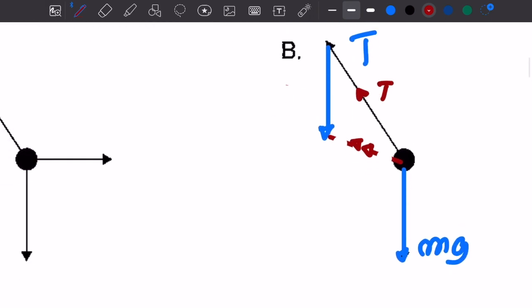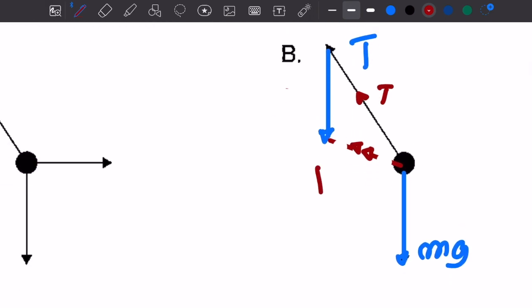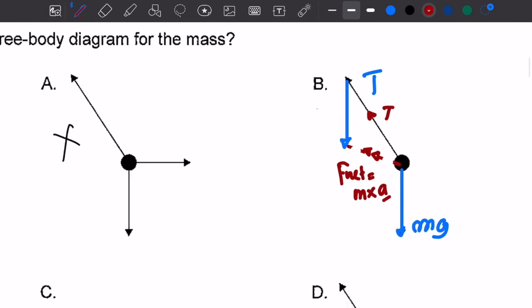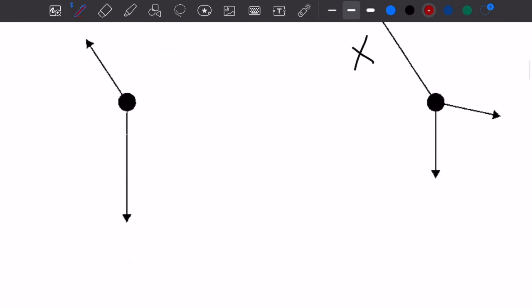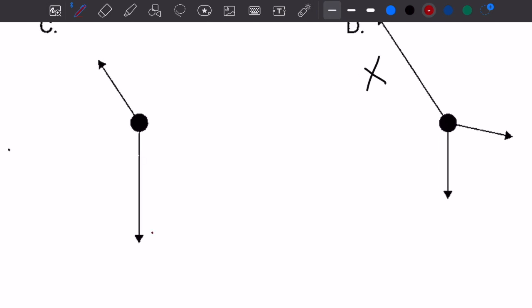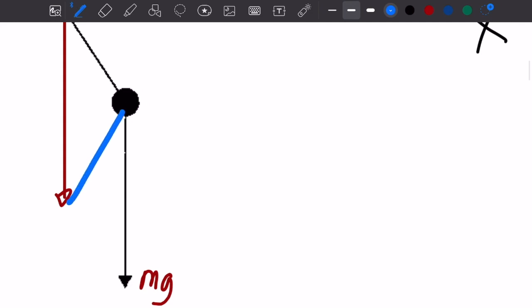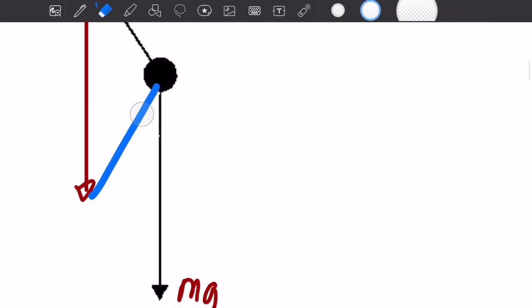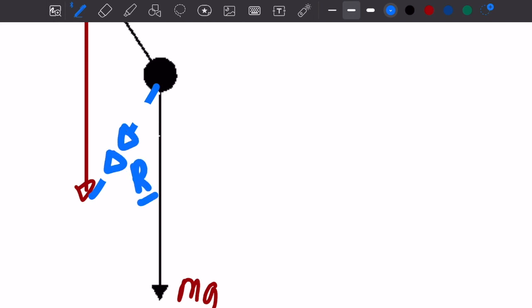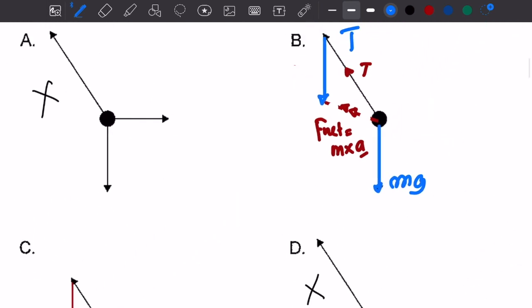So this is the right direction, the F net or m times acceleration direction. In contrast, if I replace the weight of the mass here with the same length in answer C, the resultant force will be in this direction. This is not what we want. So this is the resultant force, which is wrong. Answer should be B.